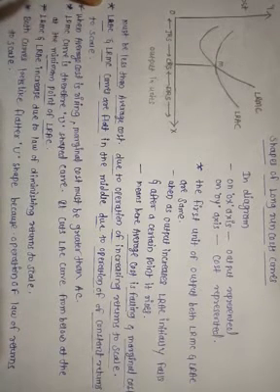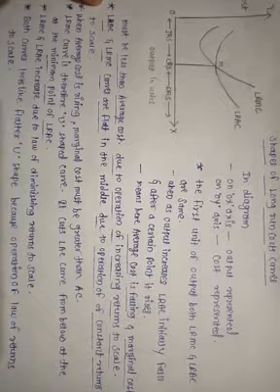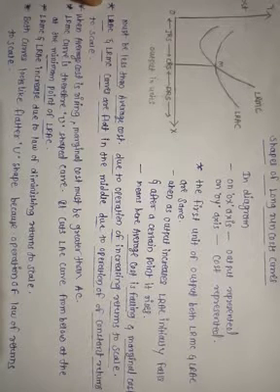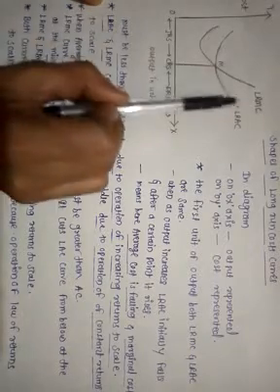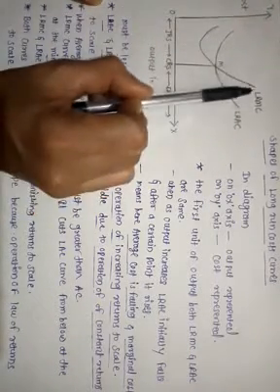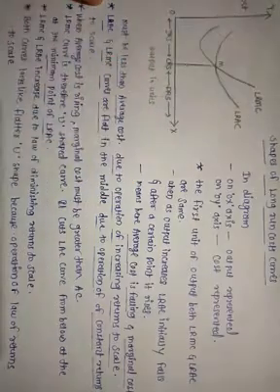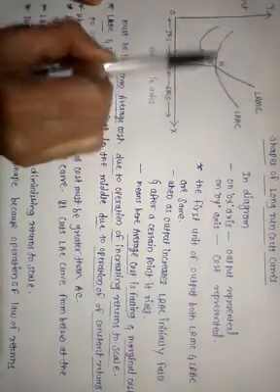Constant returns to scale means a proportional increase in all inputs results in an increase in output by the same proportion. So here the long run average cost curve and the long run marginal cost curve are flat.